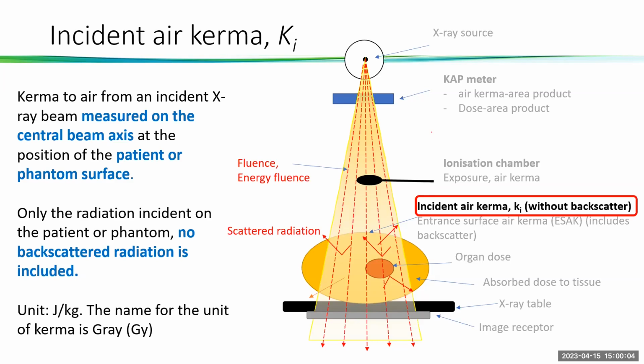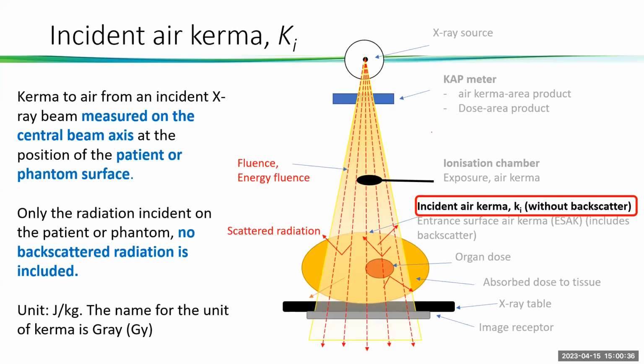If we want to measure in air, then we're actually measuring air kerma. If we want to measure absorbed dose to the patient, we have to stick our ion chamber in the patient, but in practicality that cannot happen. So the closest that you can do is to have your dosimeter on the patient.